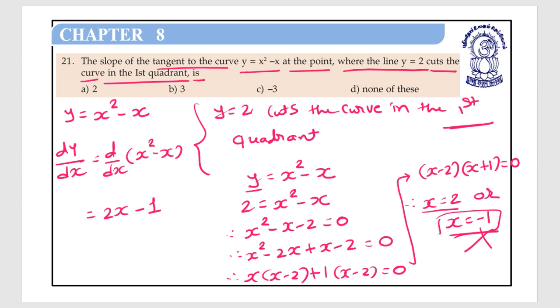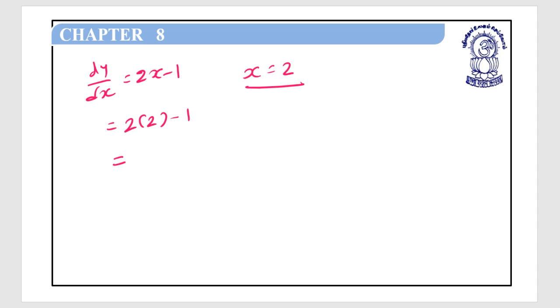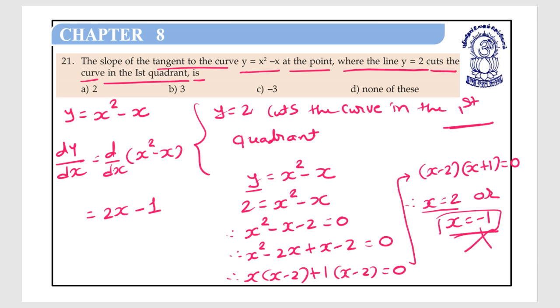So put this value into the dy by dx form. dy by dx is equal to 2x minus 1. x is equal to 2. So 2 into 2 minus 1, 2 twos are 4, minus 1 is equal to 3. So option B is the right answer. Okay.